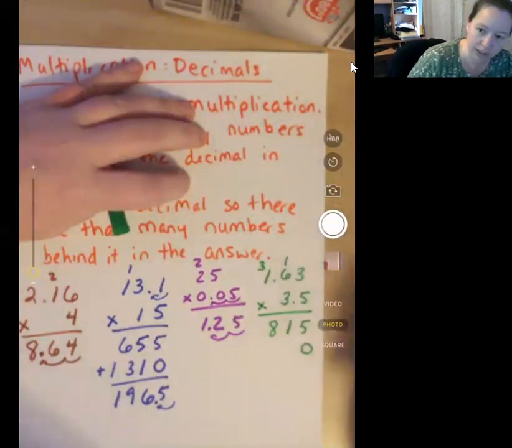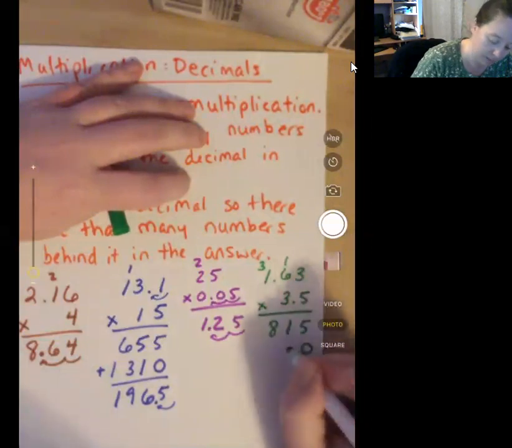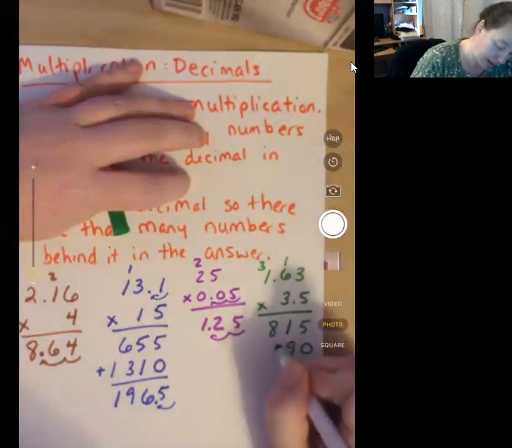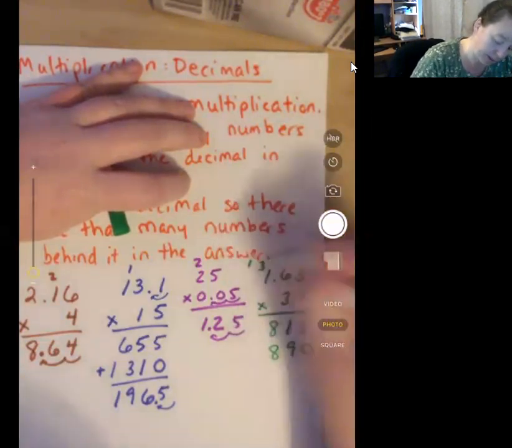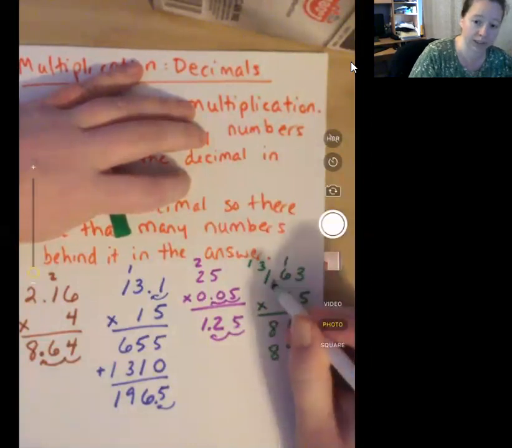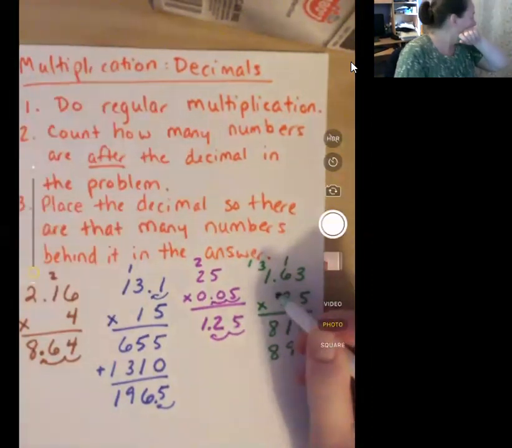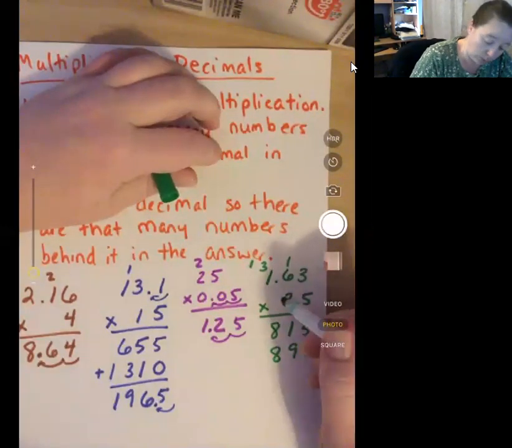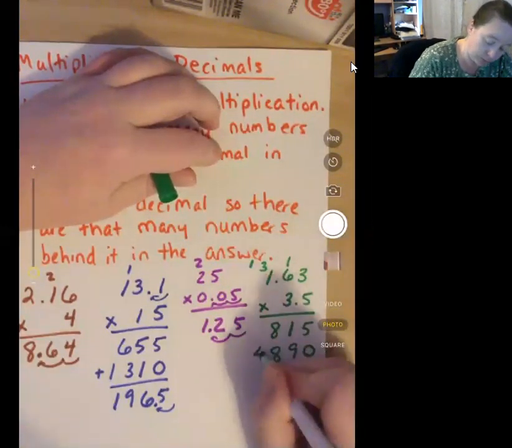Sorry. 3 times 3 is 9. 3 times 6 is 18. 8 goes there, 1 goes up here. 3 times 1 is 3, plus 1 is 4.